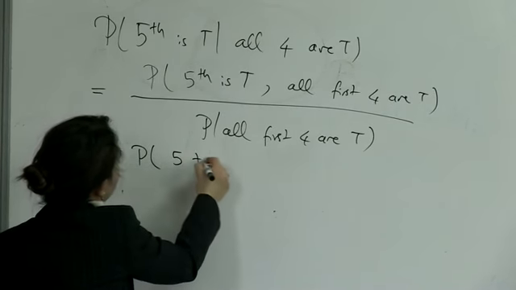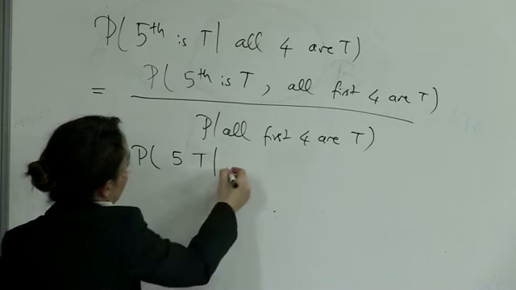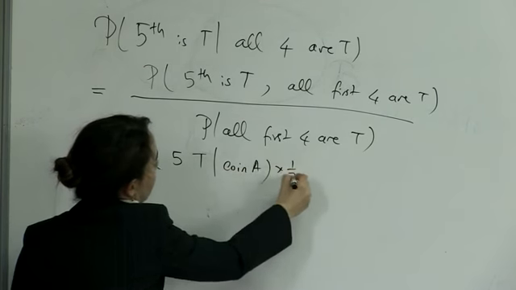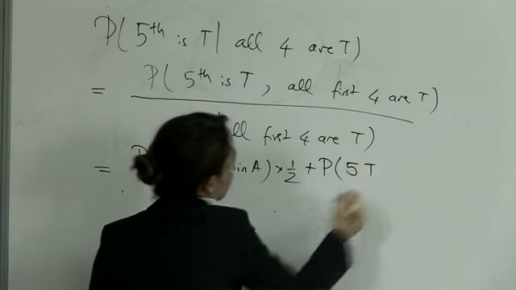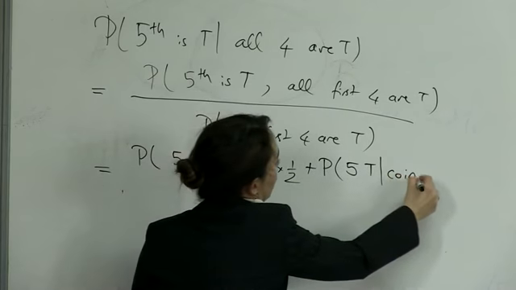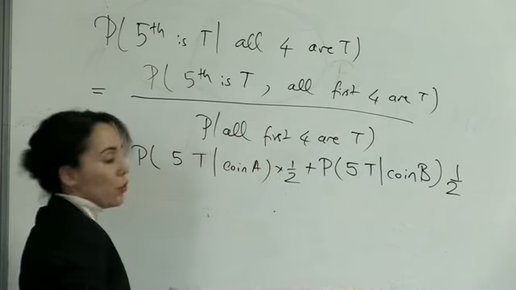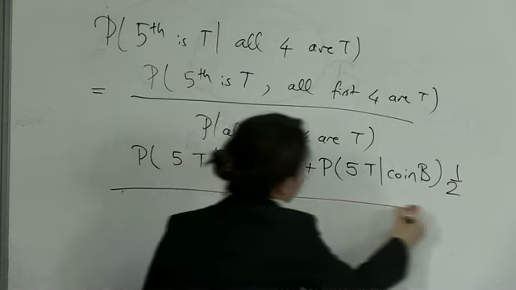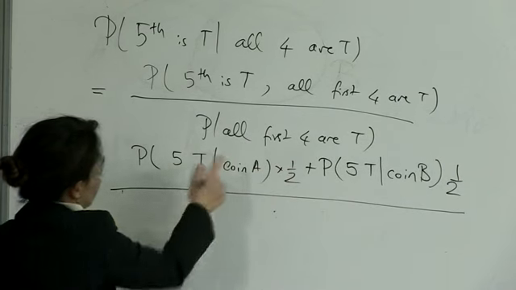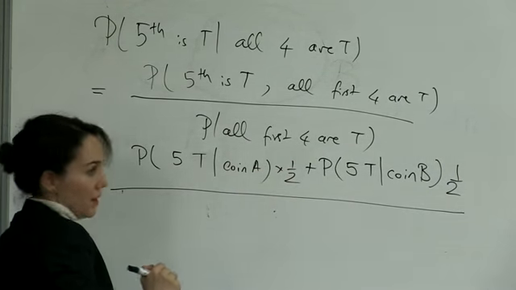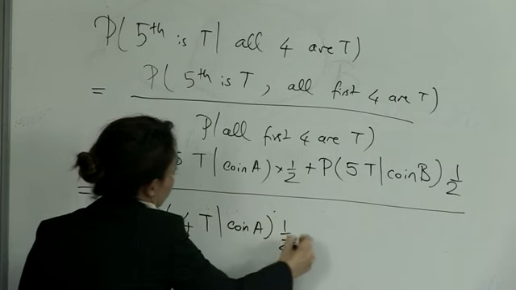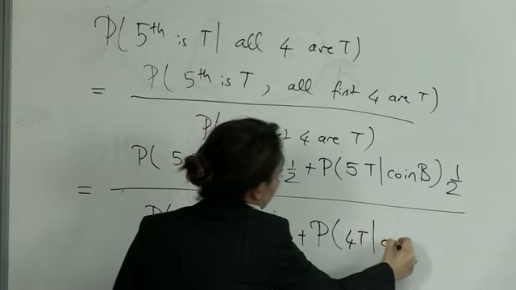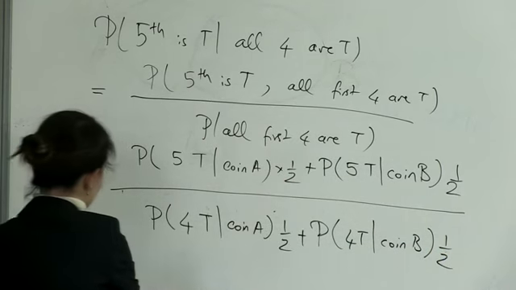Probability of 5 tails given coin A times 1/2, the probability of picking coin A, plus the probability of getting all 5 tails given I have coin B times the probability of having coin B, divided by the probability of the first 4 all being T. So the probability of 4 T's given coin A times 1/2 plus the probability of 4 T's given coin B times 1/2. What is the result?